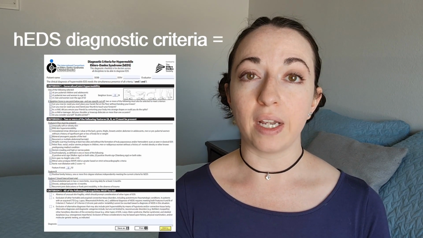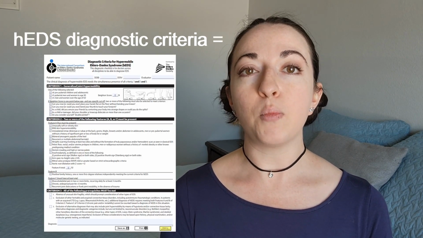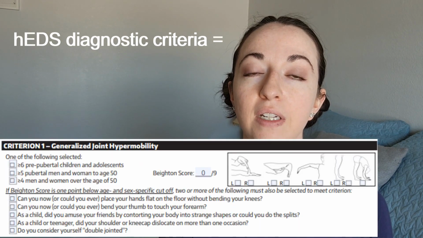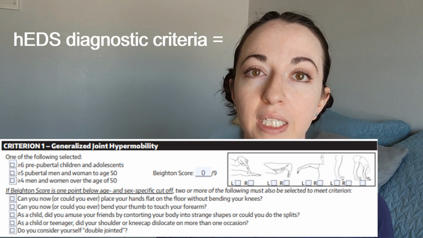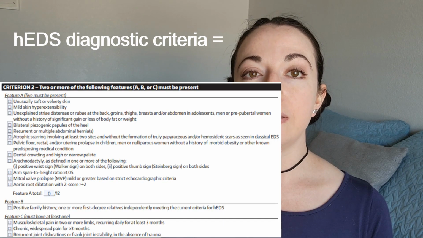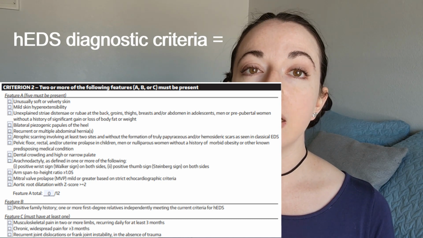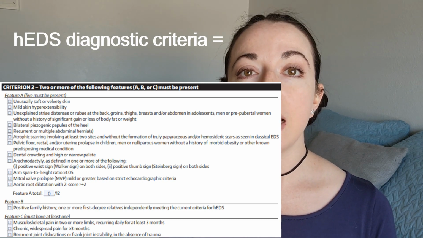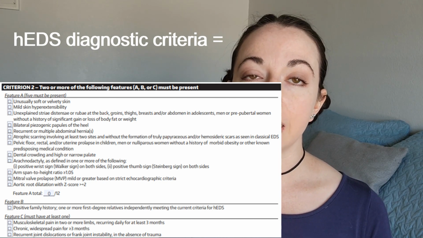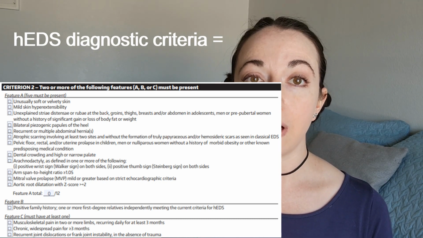The diagnostic criteria for hEDS is a lot more extensive and includes evidence of generalized joint hypermobility, as well as evidence of connective tissue fragility, such as soft and/or mildly stretchy skin, hernias, prolapses, atrophic scarring, arachnodactyly, aortic root dilation, etc. I'll link a video somewhere on this screen where I go in more depth on the hEDS diagnostic criteria because it really is quite extensive.